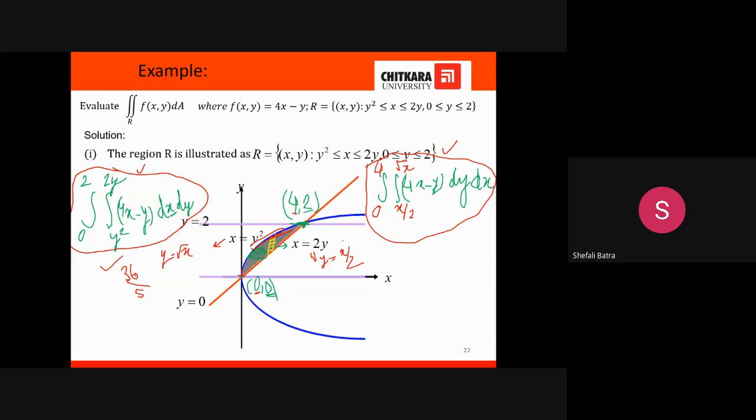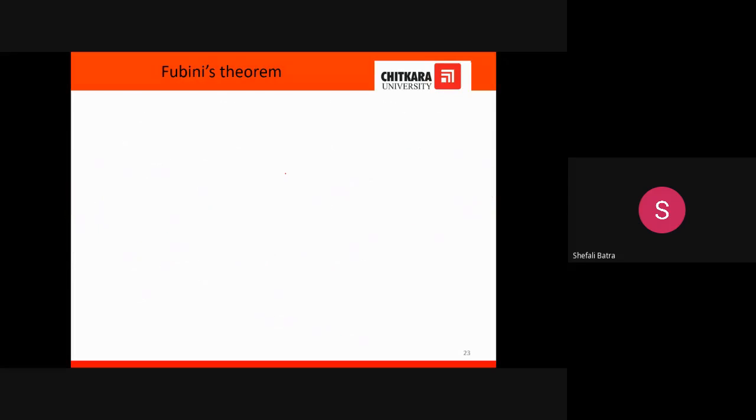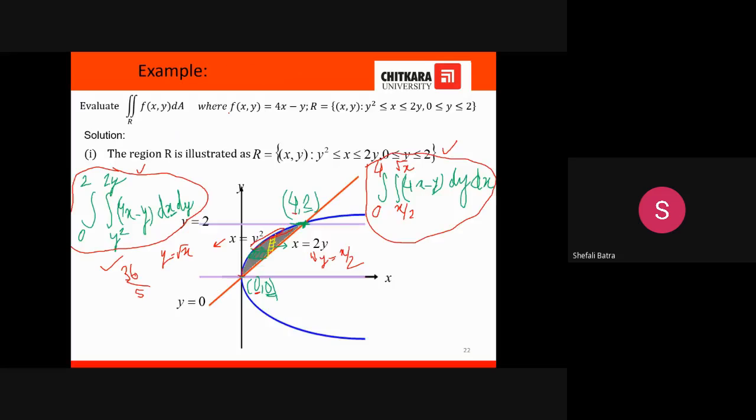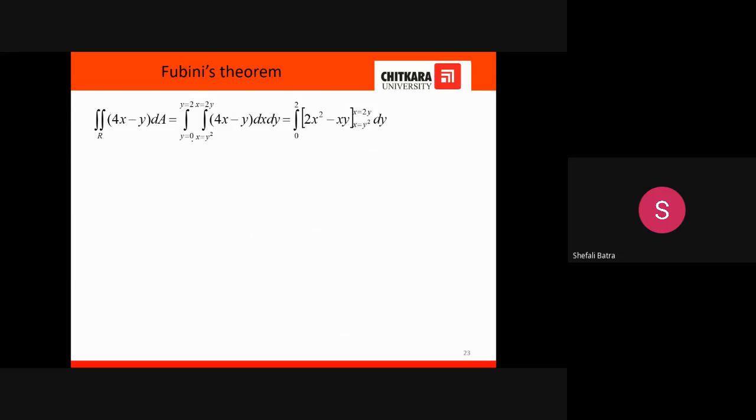Let us check the solution for this integral. So this is 4x minus y dx dy, y squared to 2y, 0 to 2. You have written the same or different? Yes, y squared to 2y and 0 to 2. So you are integrating this with respect to x, 4x squared by 2 minus yx.